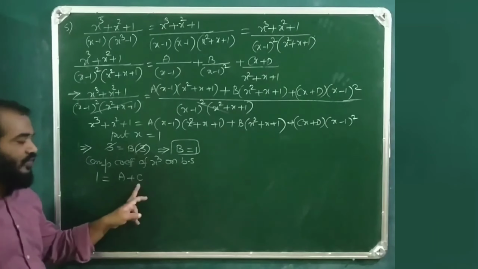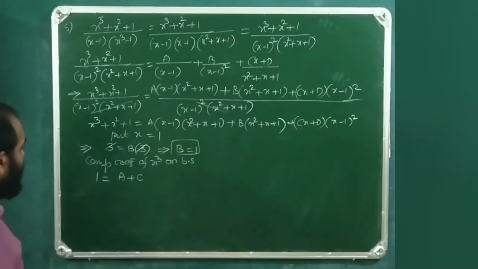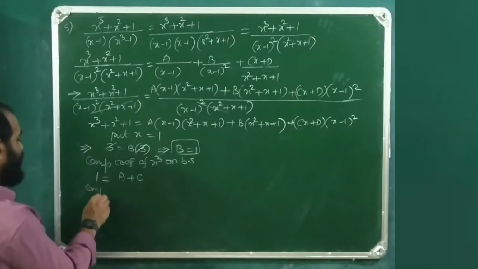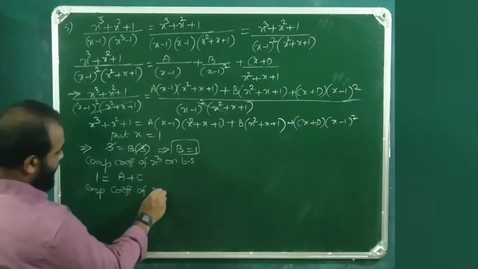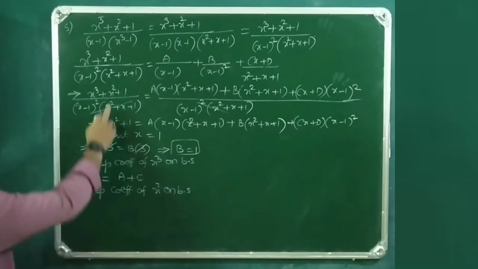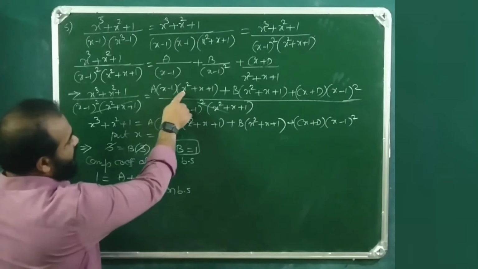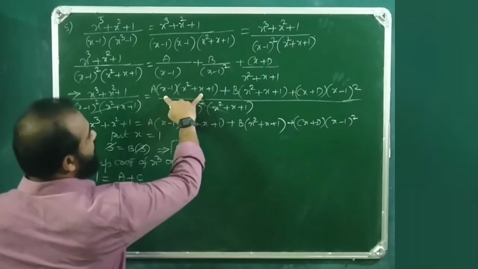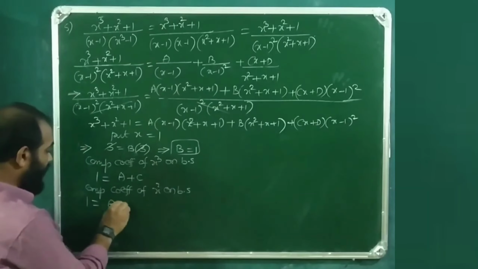Here A and C both are unknown values. Now comparing coefficients of x square on both sides. The x square coefficient on the LHS is 1. Here x into x square is x cube, x into x is x square, so the x square coefficient is A here.